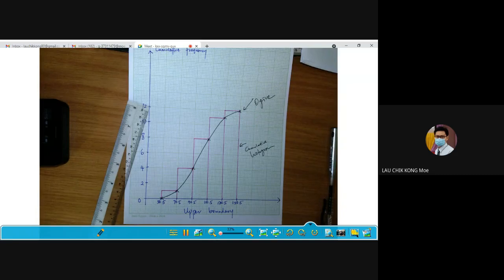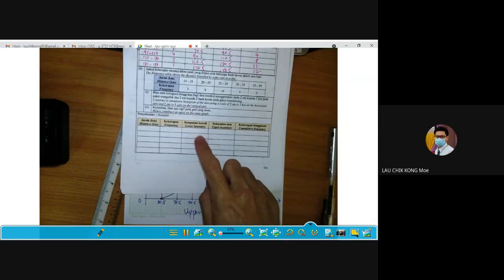Alright, so this morning you need to take the photo and then hand in to me. Page 110, you jot down 110 and 111. 2 pages for 1 student. But you need to finish example 8B first. And then baru awak submit.